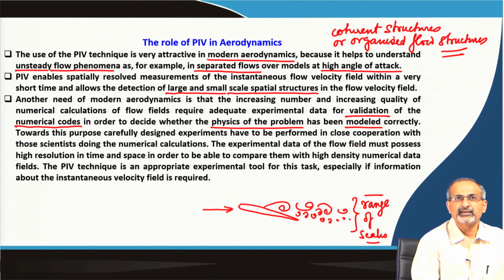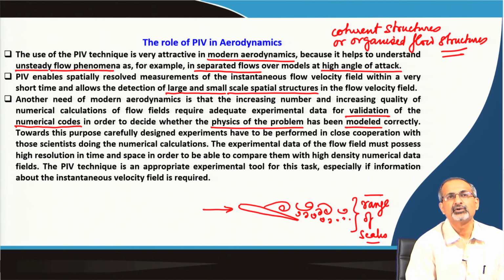Therefore, carefully designed experiments have to be performed, and the scientists who are doing the experiments have to collaborate and cooperate with scientists who are doing the numerical calculations, and there needs to be a handshaking.